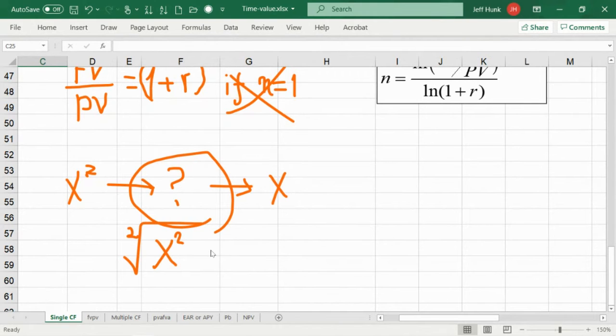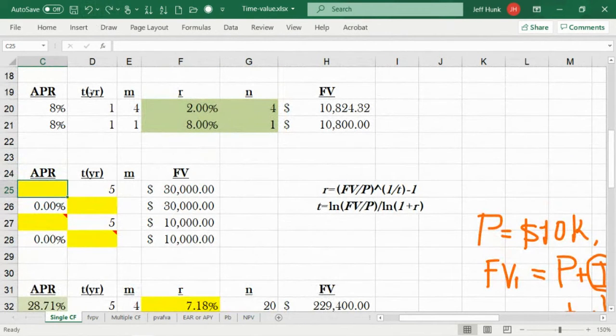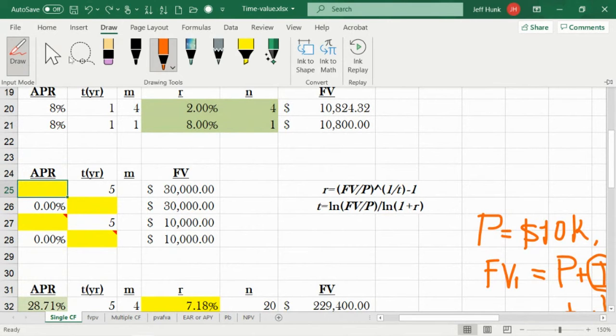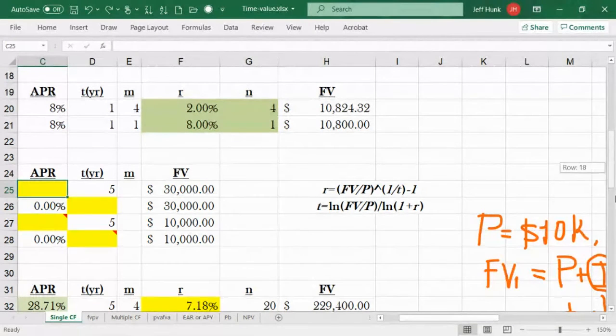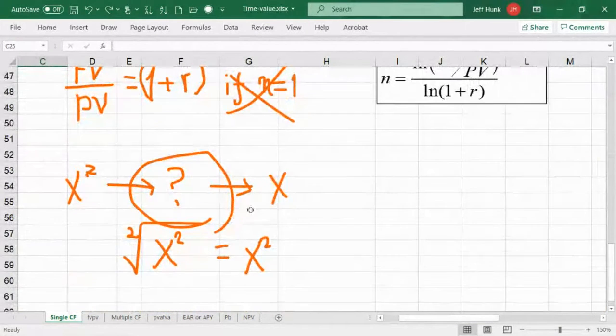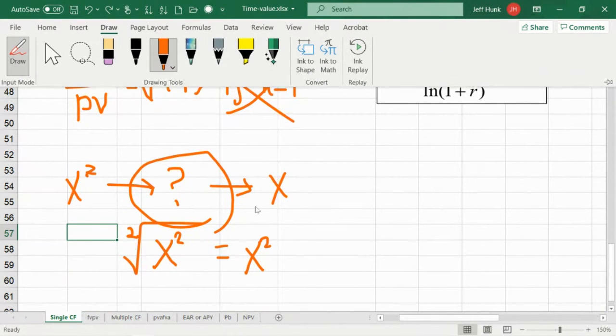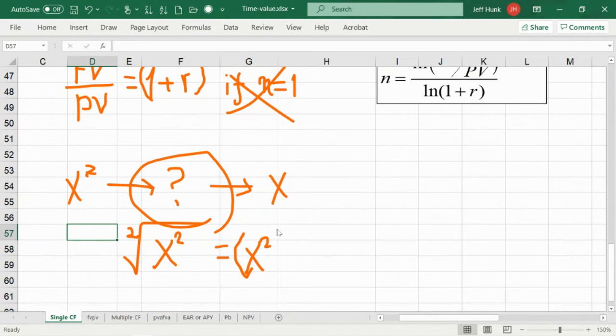But another expression for square root is something raised to half power, right?